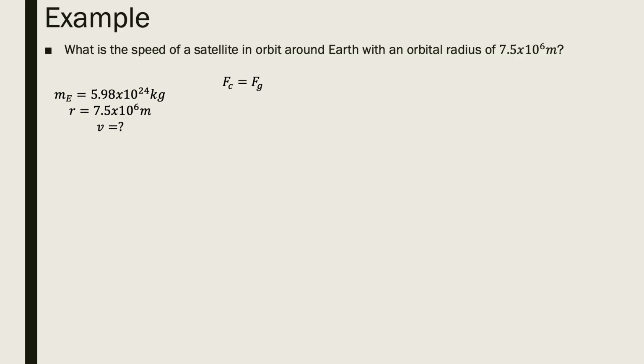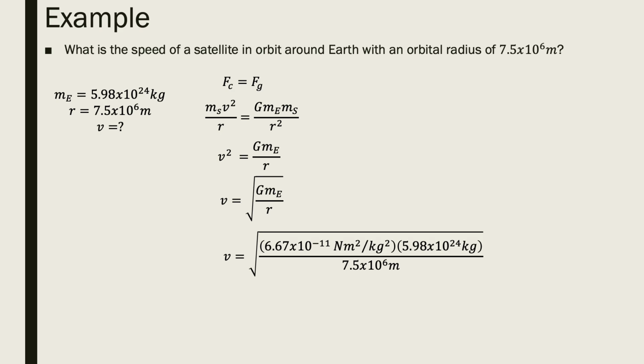So we've got centripetal force is equal to force of gravity. We'll do those same steps as we just did on the previous page. And now we want to know what the speed is, so we'll take the square root of both sides, substitute our values in, and we get that the satellite is moving at 7.3 times 10 to the 3 meters per second.